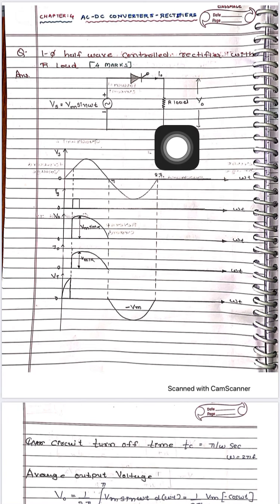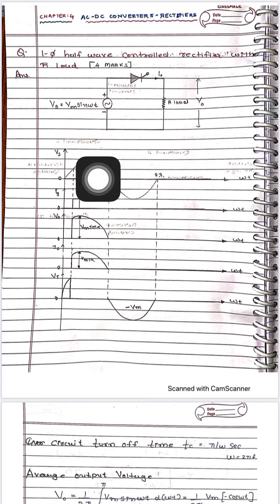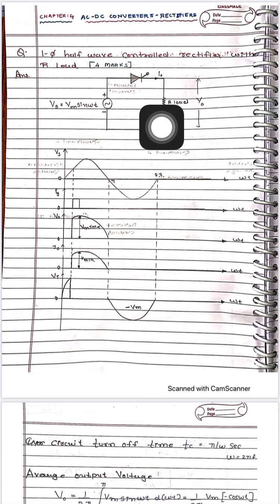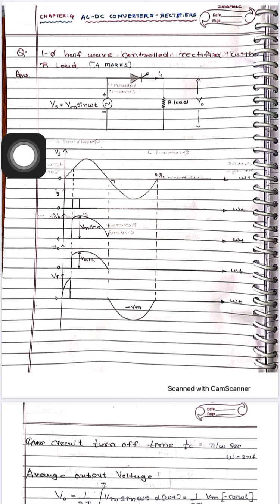So, I consider alpha is equal to 30. My gate pulse is over here. How can we calculate 30? We know this is 90. So, between 90 and 0, the half portion is 45, and a little before that is 30. Okay. So, from alpha is equal to 30, my thyristor or SCR tries to conduct and my current tries to flow from source to thyristor to load and back to the source.